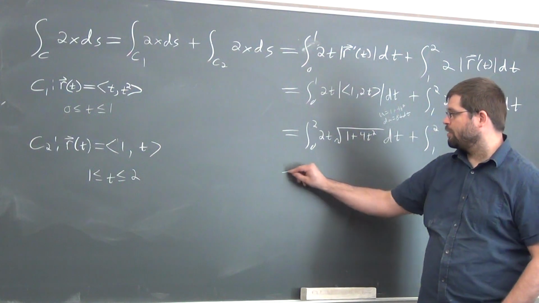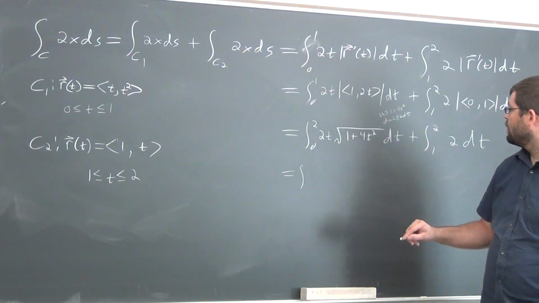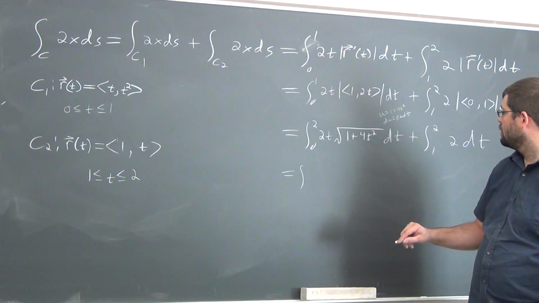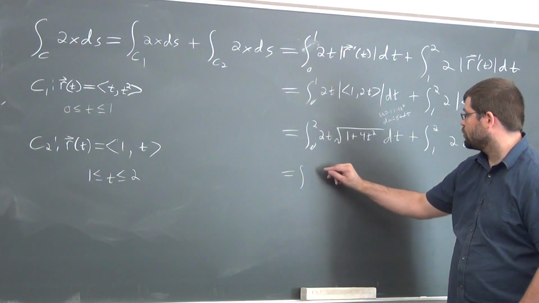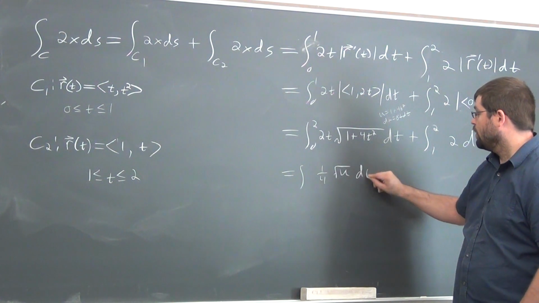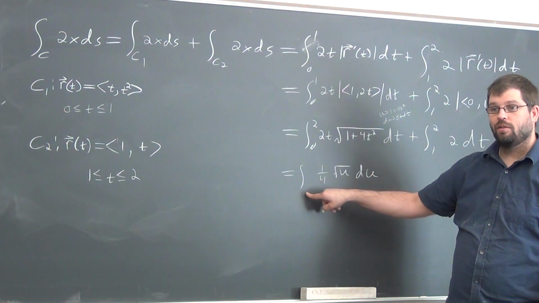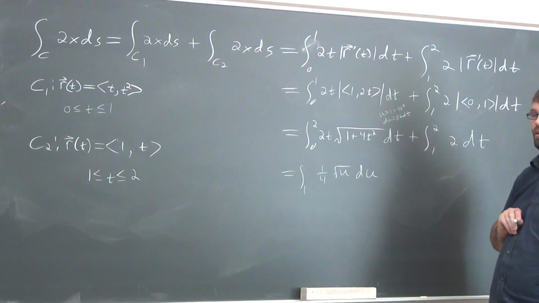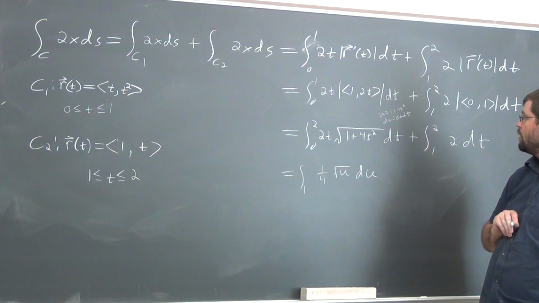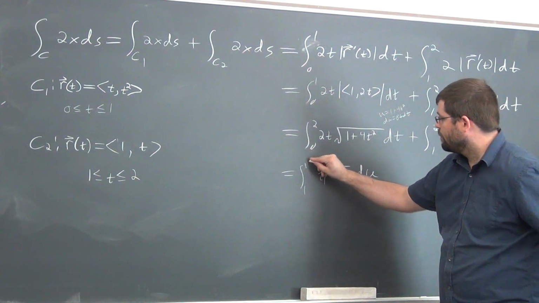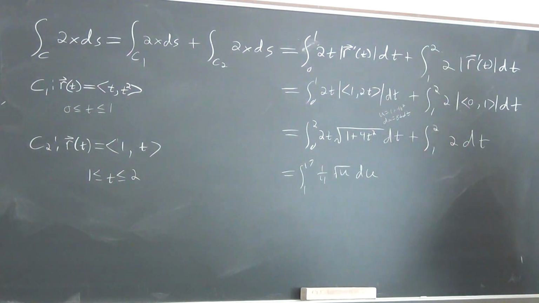Our bounds shift then, and the factor is 1/4. And then the bounds are what now? 1 to 17? Yep, I think that's okay. 2 squared, so 4 times 4. Does that make sense?